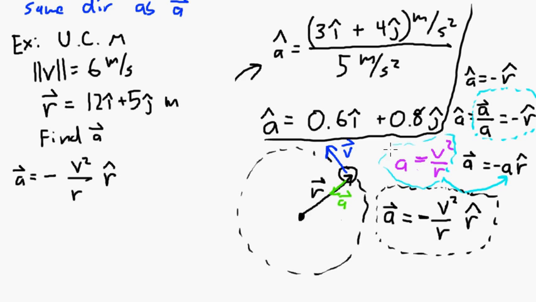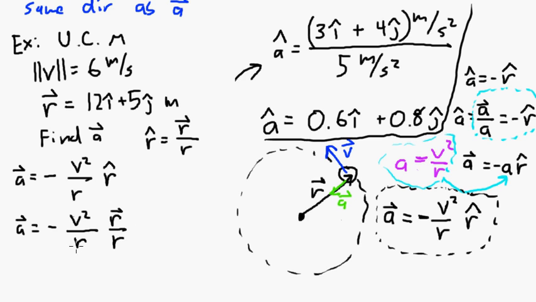So what we can do is, we know that r hat is the r vector divided by the magnitude r. So instead of finding r hat explicitly, we can plug this in here and say that the a vector is going to be negative v squared over r times the r vector over the magnitude of r.